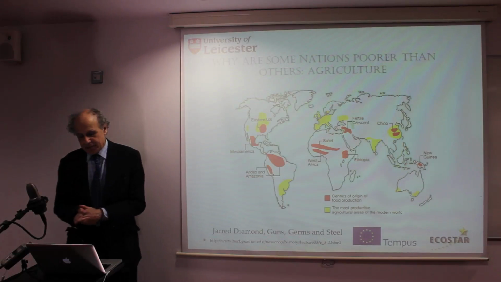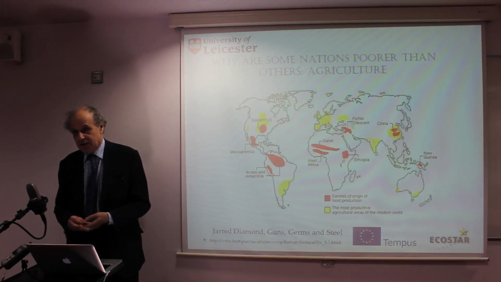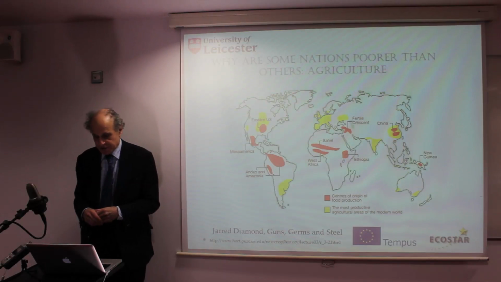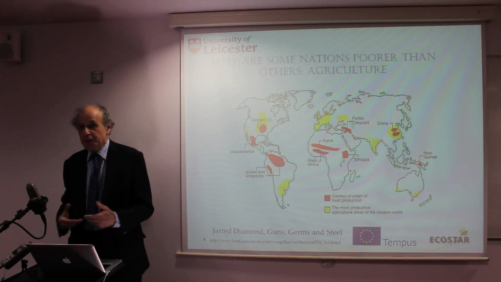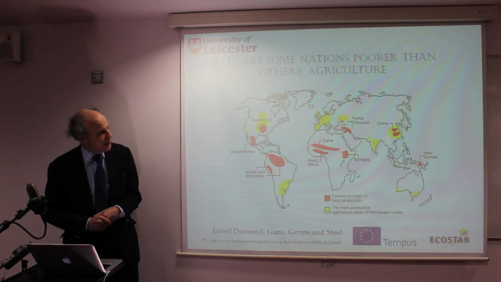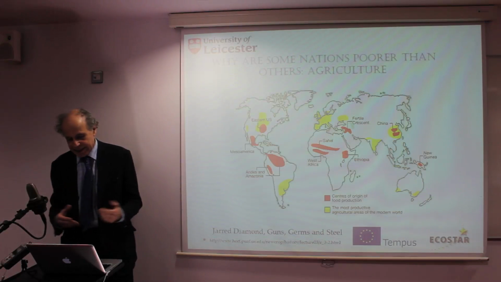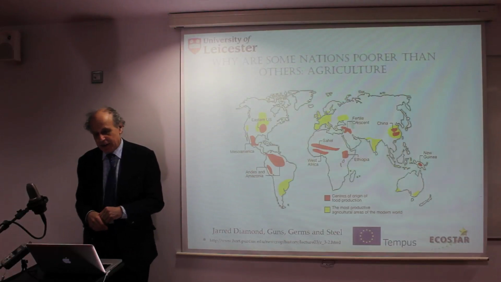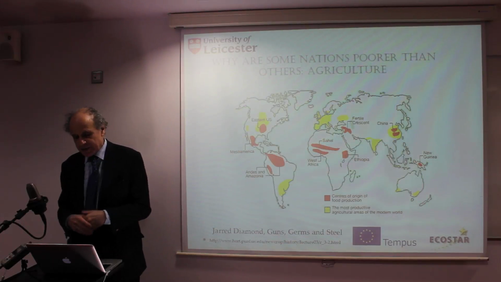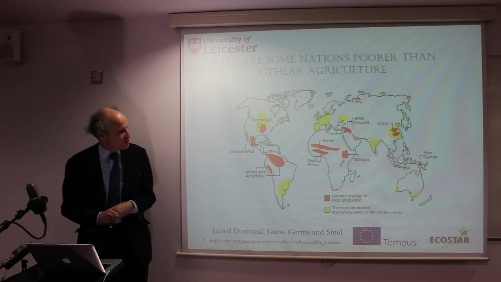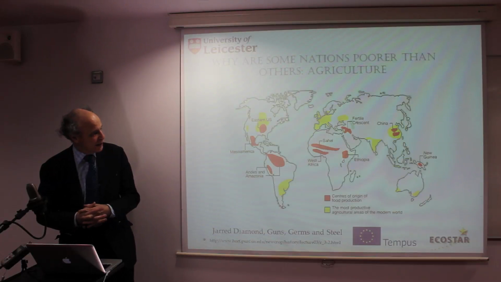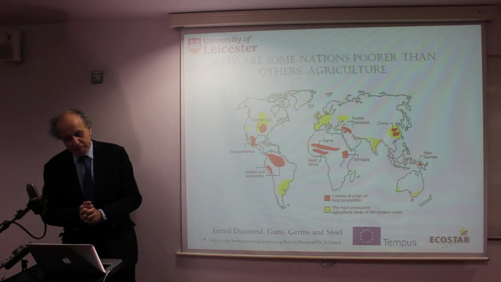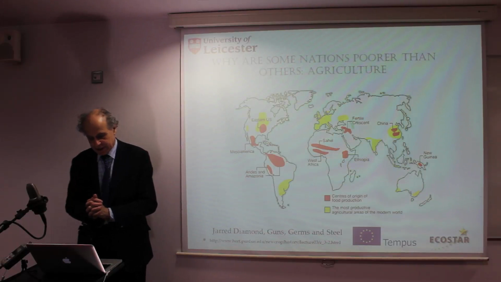So agriculture, which is essential to the development of civilization, because it can support a larger population, began in what's called the Fertile Crescent down there in what's now the Middle East, and spread to Africa gradually and to Europe, and originated again independently in South America.